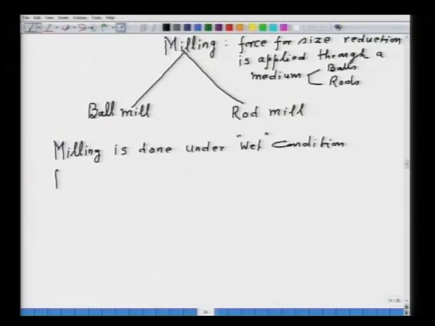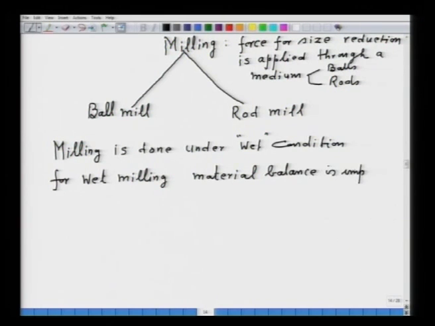So, for wet milling, material balance is important. Why is it important?